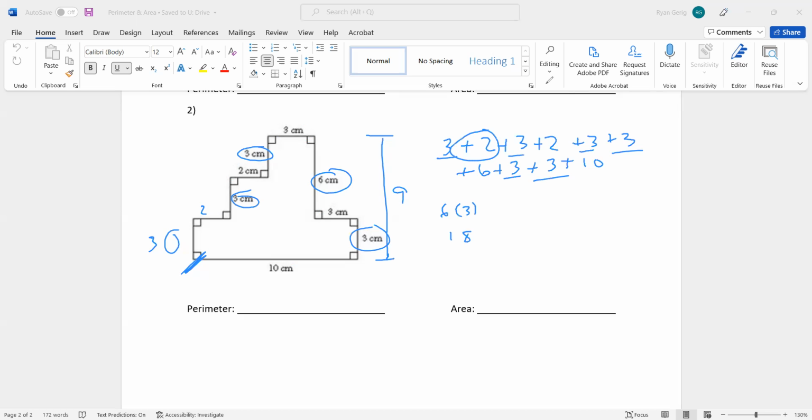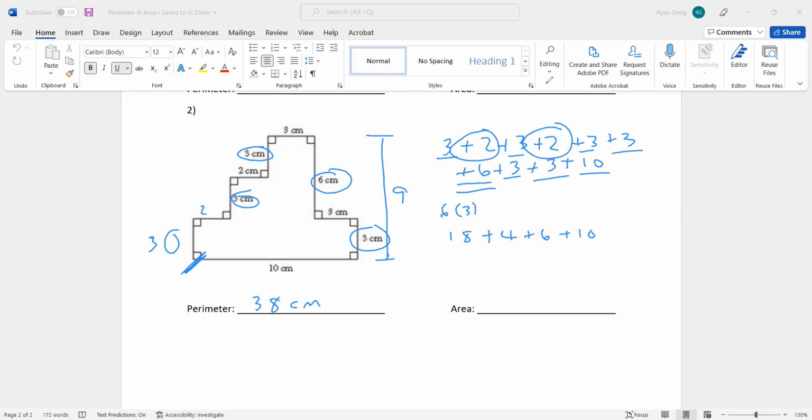I have 2 2s, so that's 4, and then 6, and then 10. So 4 plus 6 is 10. 10 plus 10 is 20. 20 plus 18 is 38 centimeters.